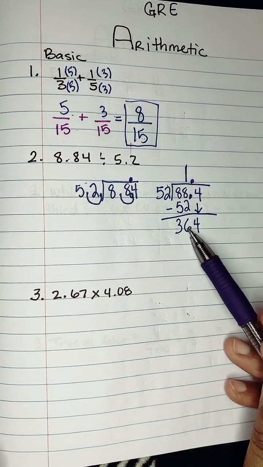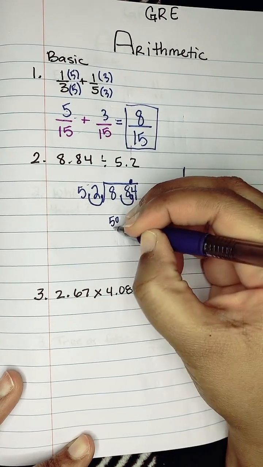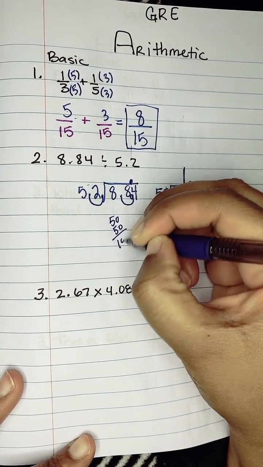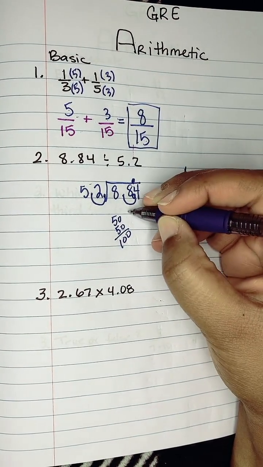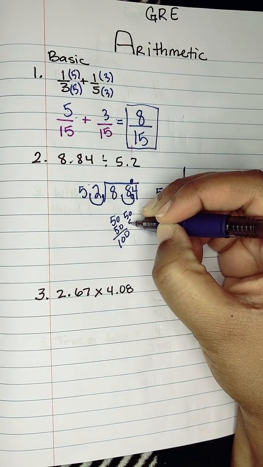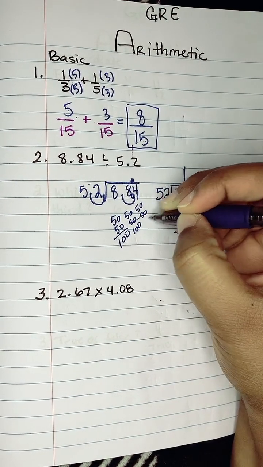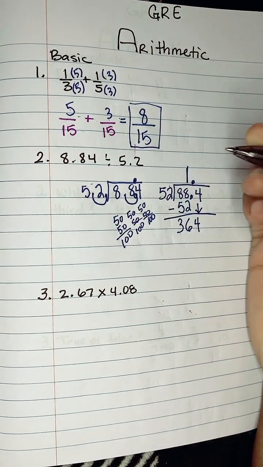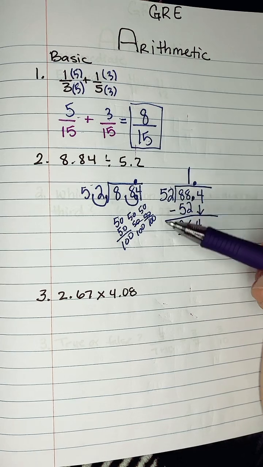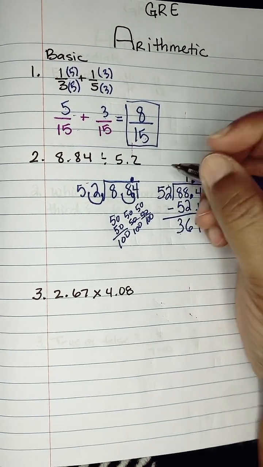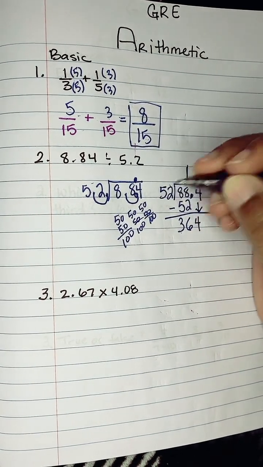So how I would look at this is, well, I know 50 plus 50 is going to get me 100. So if I'm trying to get into 300, then that's 50, 50, 50, 50, 50, because this will be 100, this will be 100, right? So I have 1, 2, 3, 4, 5, 6, and then someone said in the comments, they said 7.